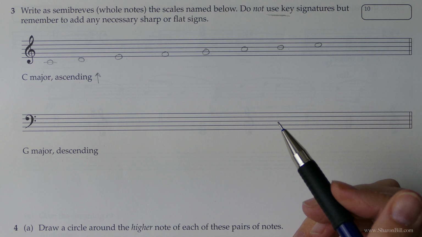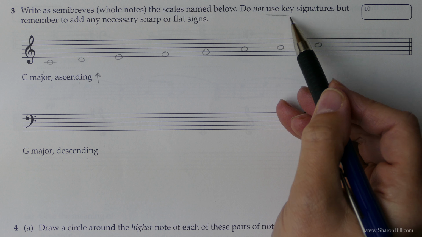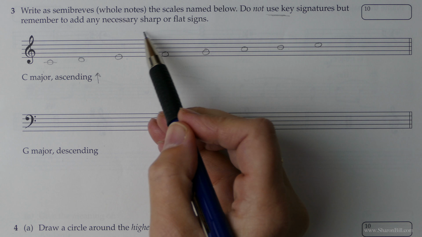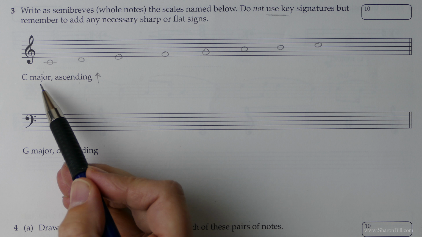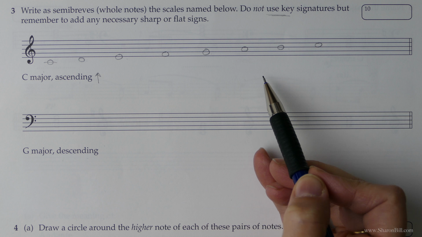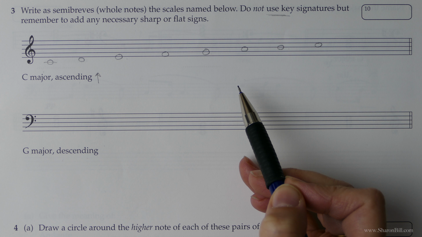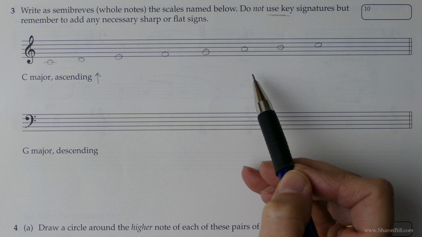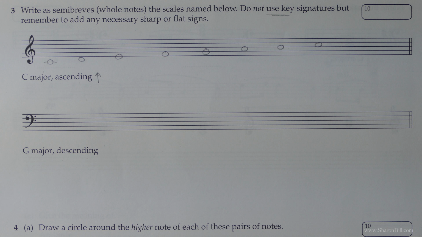There's our octave. Now we're asked not to use key signatures, but use any necessary sharps or flat signs. However, C major has a key signature of nothing, and so that means we will be adding no sharps or flats to this. This can stay exactly as it is.